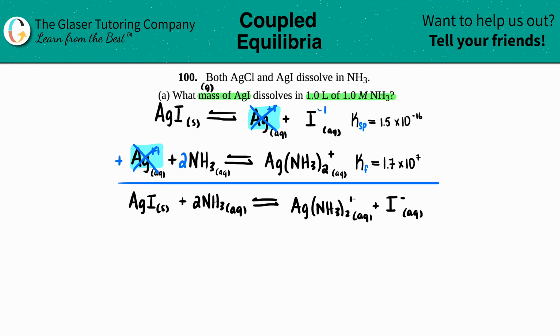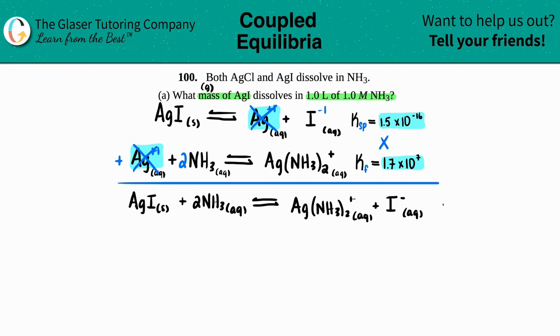But now just remember that when we're adding reactions together, we multiply the K values. So instead of adding these two, I have to multiply them: 1.5 times 10 to the negative 16th times 1.7 times 10 to the 7th. Let's see what our new K value is.